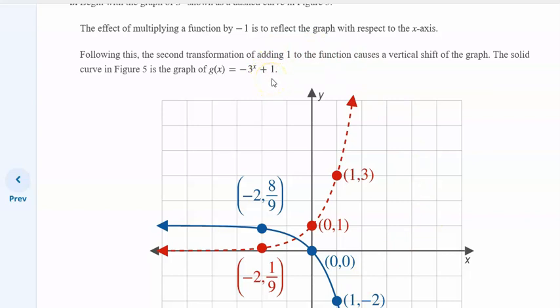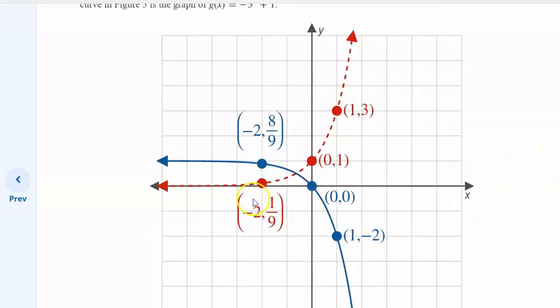Our y-intercept, in a sense, is going to be at 1, which shifts it down to 0. 0, 0 now is our new y, and in this case, x-intercept.